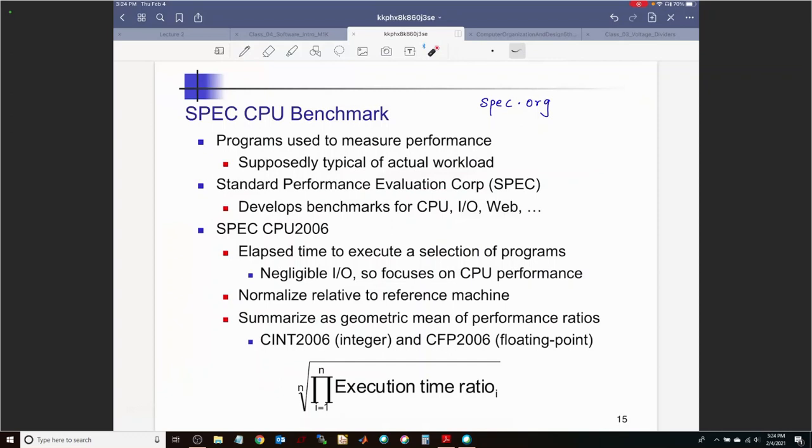We are going to see who does a better job at it. But as a reference, as a normalization, we are also going to run the same set of workload programs on a reference computer. And then we are going to find a SPEC ratio, and the geometric mean of all the SPEC ratios is actually the one number you would use as the identity of the performance of a computer, right?